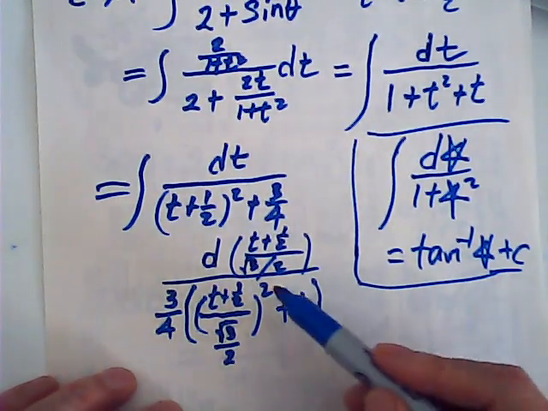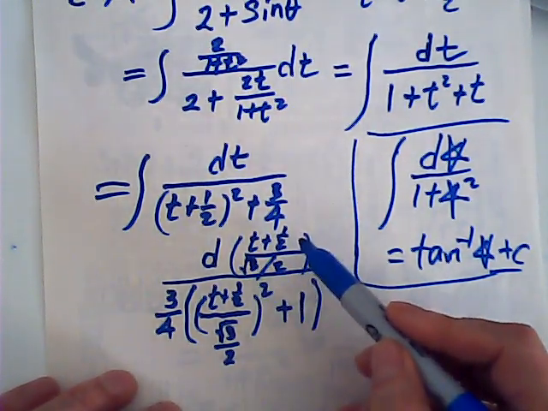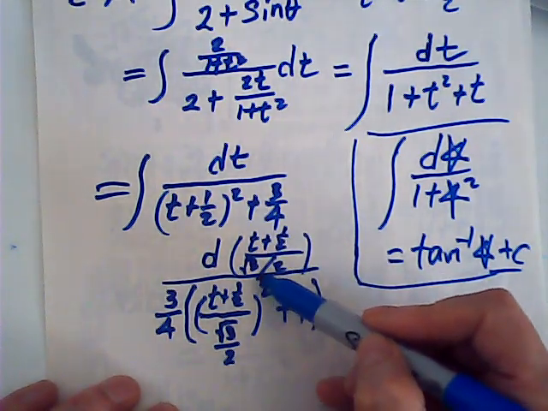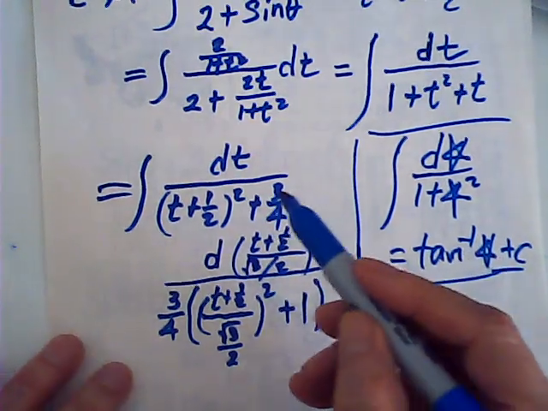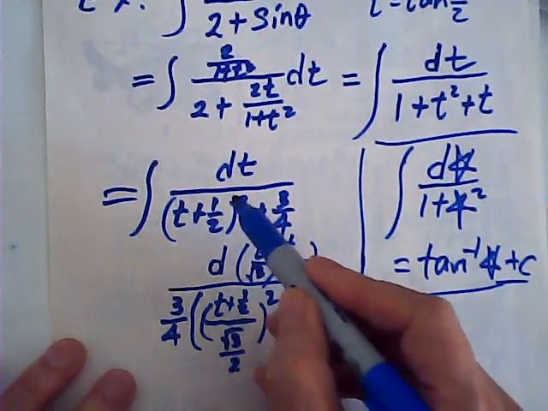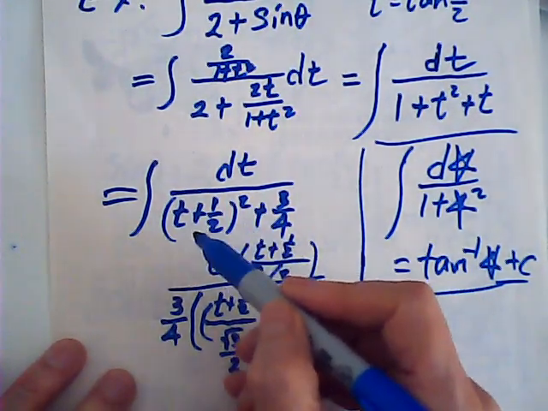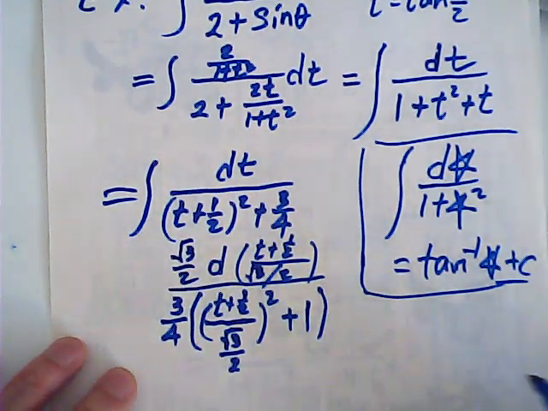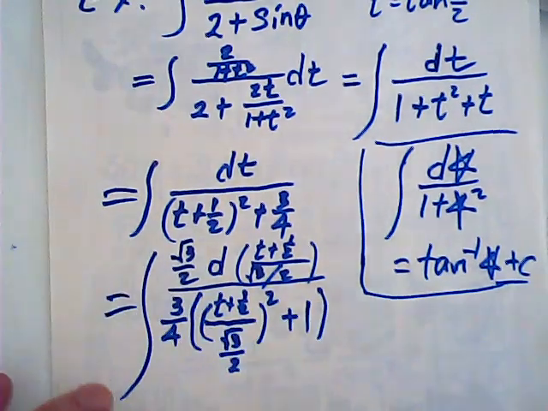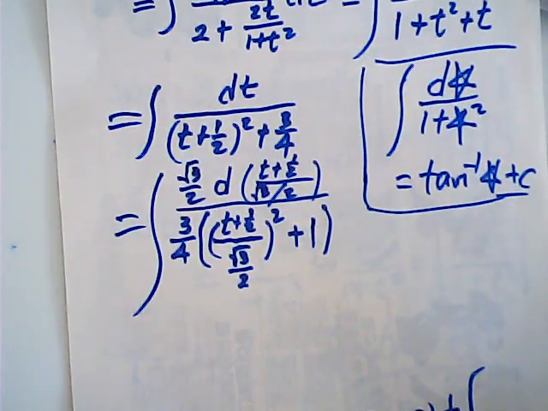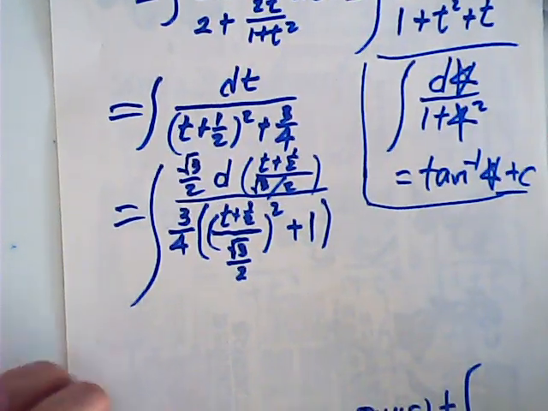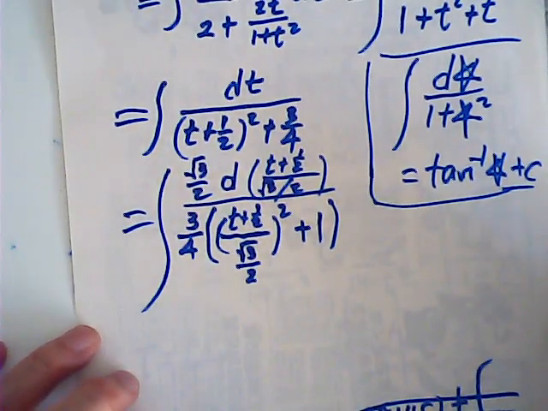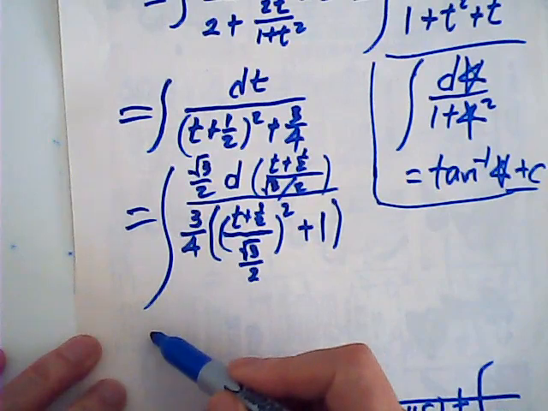Okay, that one's derivative is equal to dt over this. So I have to cancel with this one. This one must be root 3 over 2, right? Then this is equal. Do you follow? Okay.